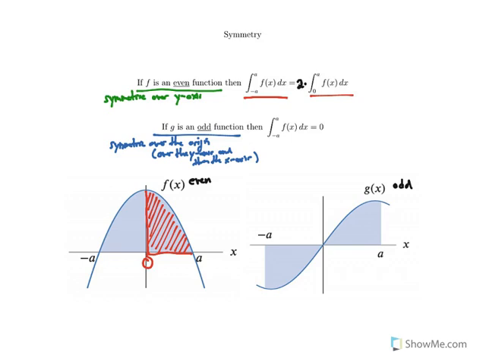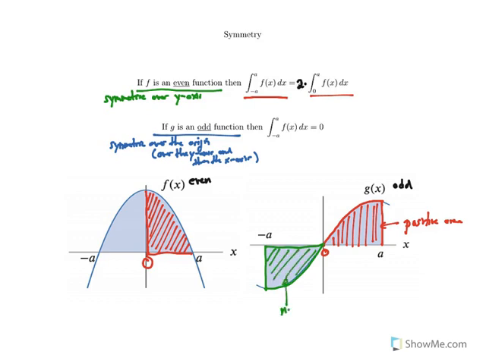The next result is even more time saving. That's because if you have an odd function and negative a to a, then if you look at the two parts of it, from 0 to a, this is positive area, and it's the same magnitude as the integral from 0 to negative a, as that is negative area.